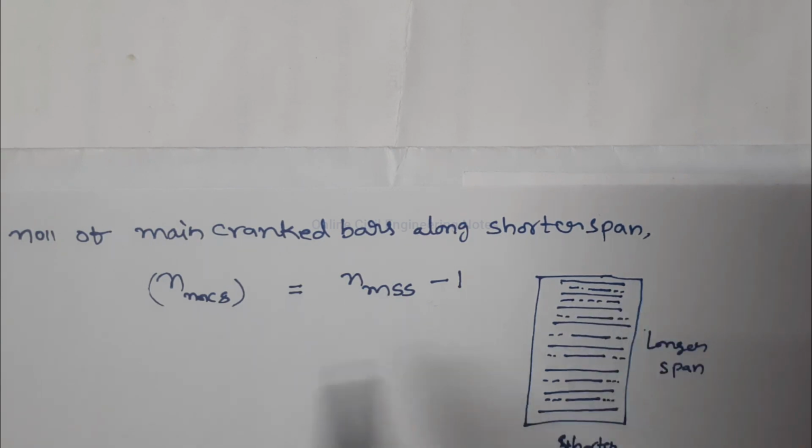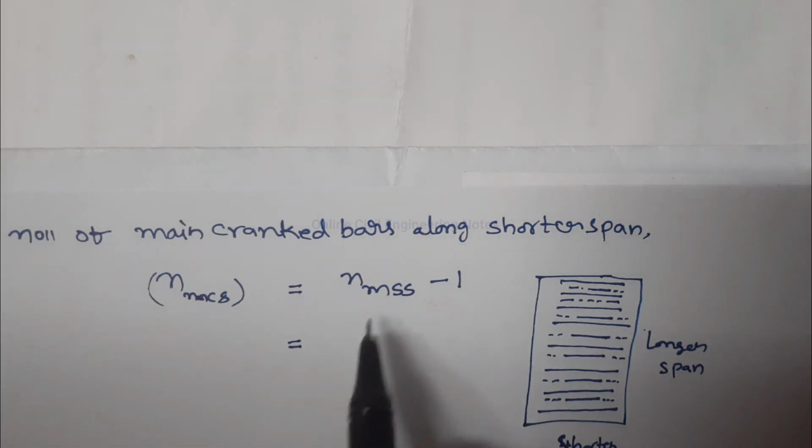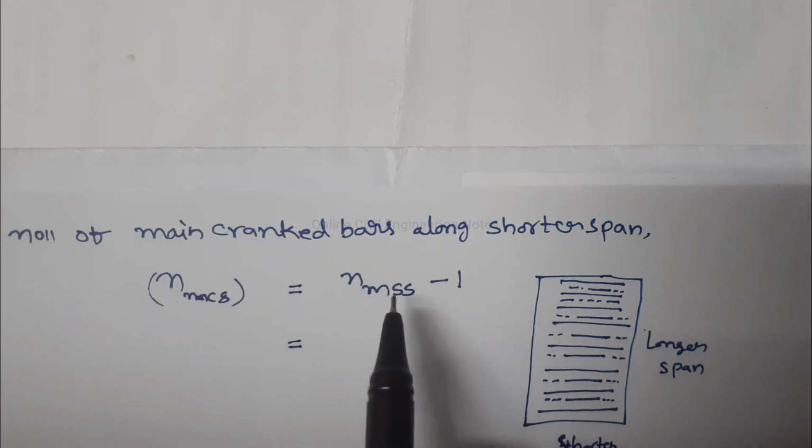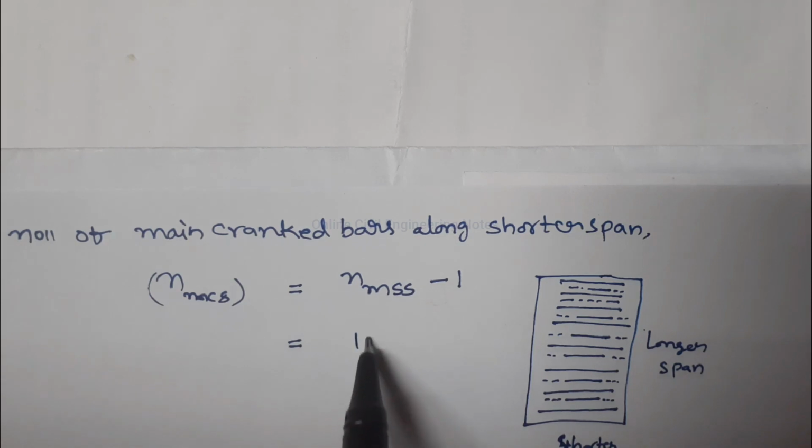The total number of cranked bars is less than 1 of the main straight steel bar. Total number of main straight bars in the shorter span is equal to 18.